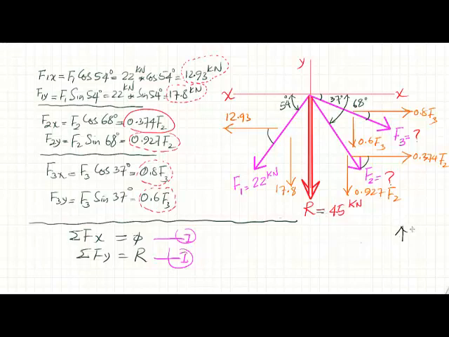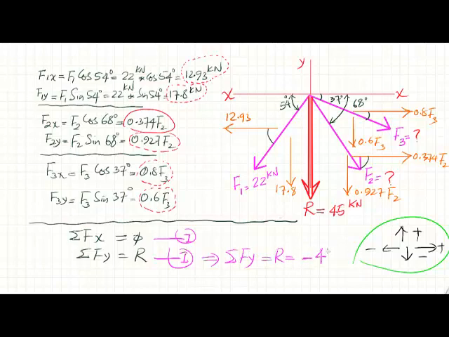This is positive, this is negative, and this is positive, and this is negative, and we have to keep that in mind. That applies to the same case here. So what we have to make sure here is that the sum of all forces in the y direction is equal to R, and R is equal to minus 45.